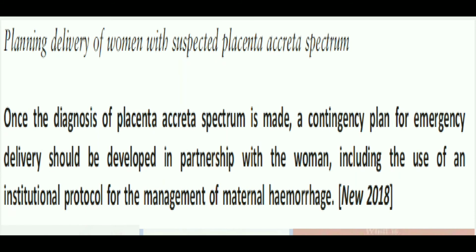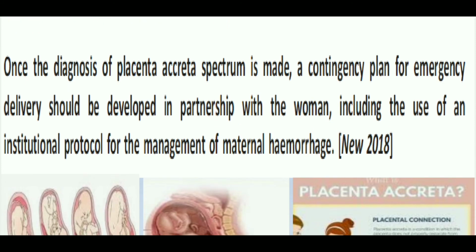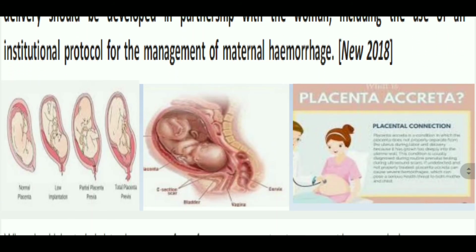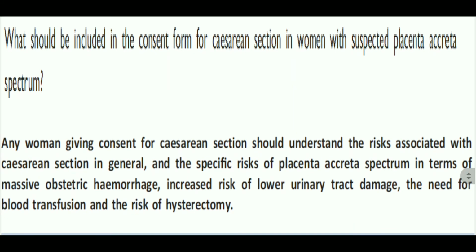It's written that once the diagnosis of placenta accreta spectrum is made, a contingency plan of emergency delivery should be developed in partnership with the woman, including the use of institutional protocol for the management of maternal hemorrhage. Now, what should be included in the consent form?